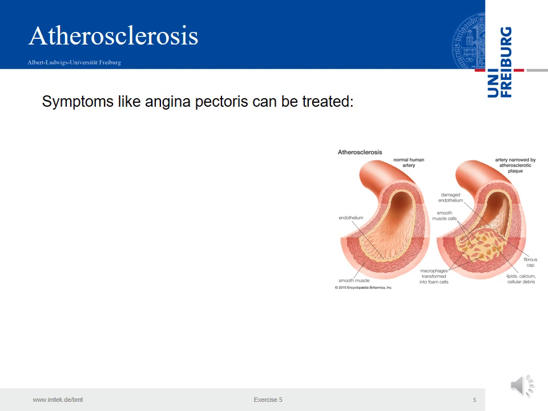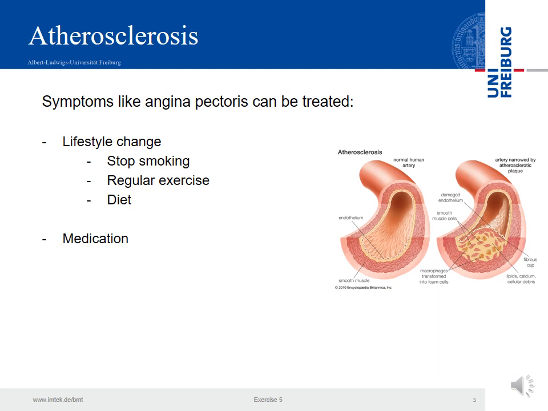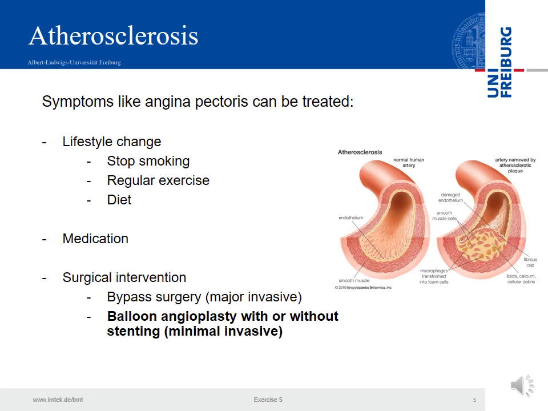So how can things be treated? First of all, best is to change your lifestyle: stop smoking, exercise regularly, keep a diet. That's something nobody likes to hear. We can take medication or a surgical intervention. That's called a bypass surgery or a balloon angioplasty with or without stenting.